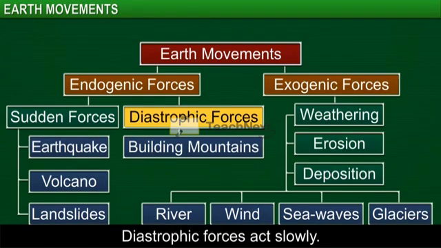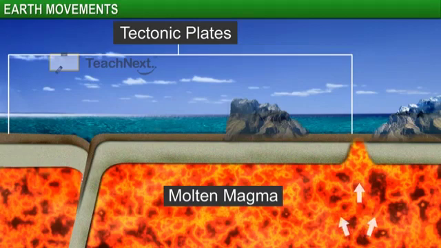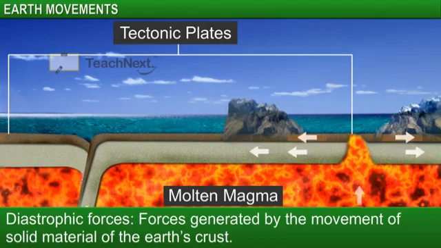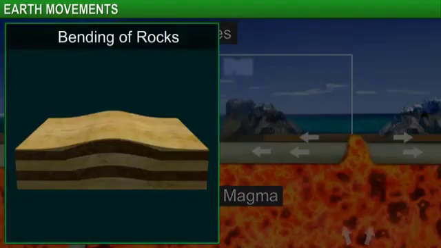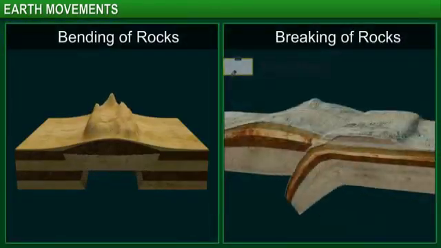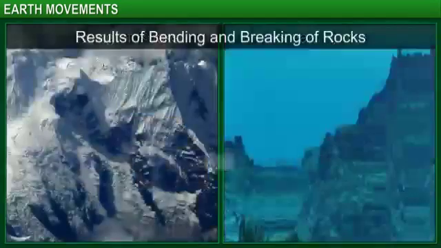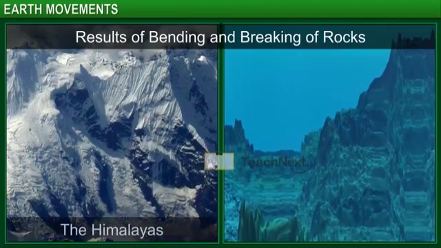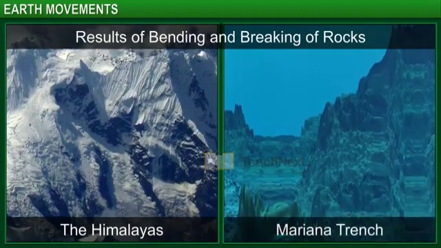Diastrophic forces refer to forces generated by the movement of the solid material of the Earth's crust. Diastrophic forces result in the bending or breaking of rocks. The bending and breaking of rocks creates mountain systems like the Himalayas and deep valleys and trenches like the Mariana Trench.